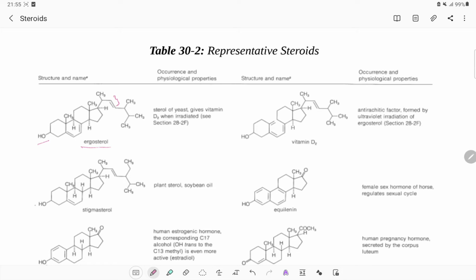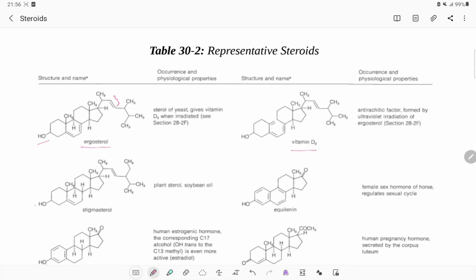The system that we get from ergosterol is vitamin D2. How does it differ from the starting material ergosterol? In ring B, it is ring opened at the ring B junction, and the rest of the system remains the same. So ergosterol gives vitamin D2.